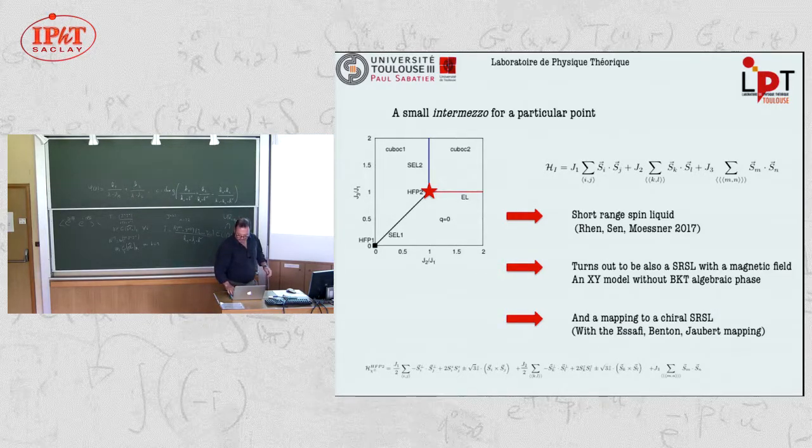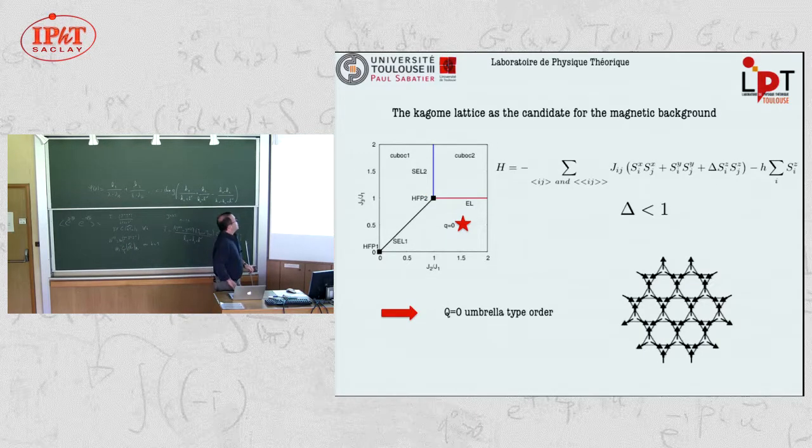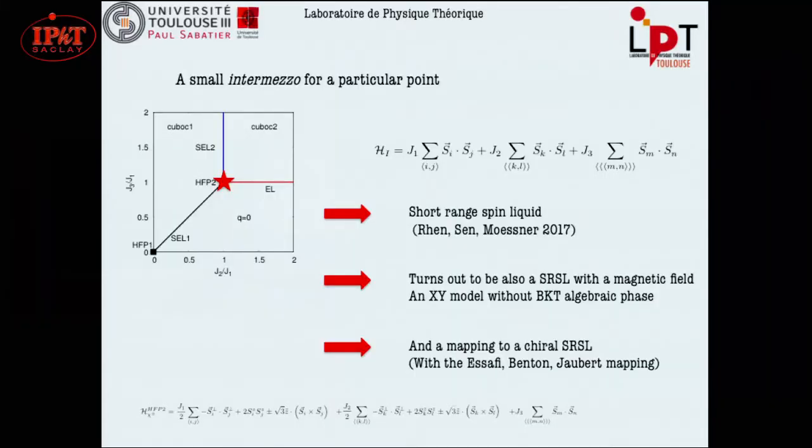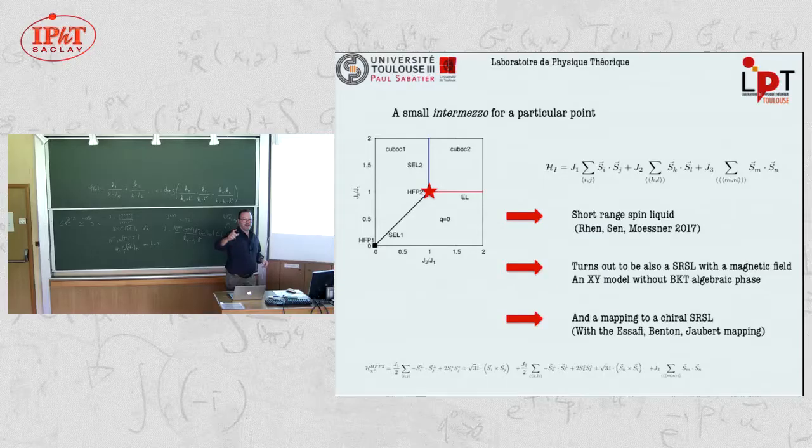Okay, now if you remember the beginning, I was looking for chirality, and how to build chirality here. Well, there is one first way to get it. So what do you mean by mapping to a chiral model? If you make local rotations of the spins, you have three sublattices in the Kagome.